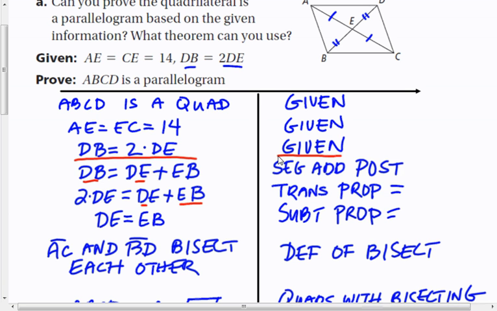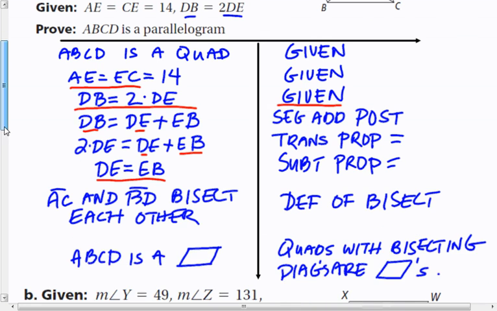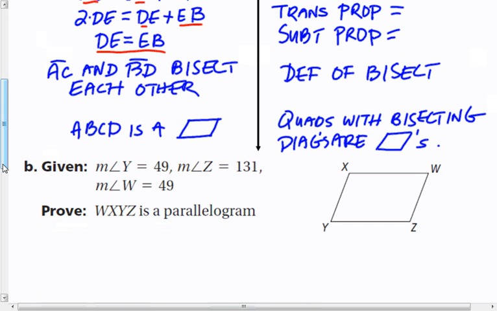And so just subtracting DE from both sides, I get DE is equal to EB. And then once we know that those two are equal, we already have that AE is equal to EC. So we know AC and BD bisect each other by the definition of bisecting. And the last step then is ABCD is a parallelogram, and that's because quadrilaterals with bisecting diagonals are parallelograms.